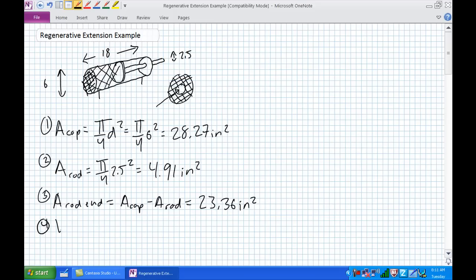So volume of the cap is a cylinder, pi over 4 d squared h. But we've already figured out that area. That's the area of the cap times its height. So 28.27 times 18 is going to give us a volume of 508.9 inches cubed.